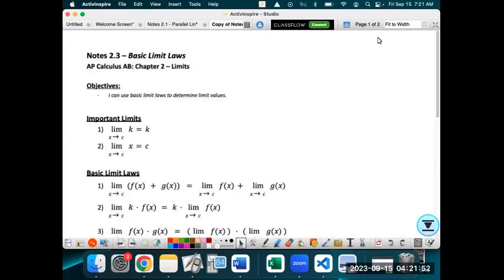So the two most important limit laws that you need to know, the limit of a constant and the limit of a single variable, like a plain X or a plain Y. No powers on it, no coefficients. So if I'm looking at the limit of a constant, let's say X is approaching 5 and I'm evaluating the limit of 12.